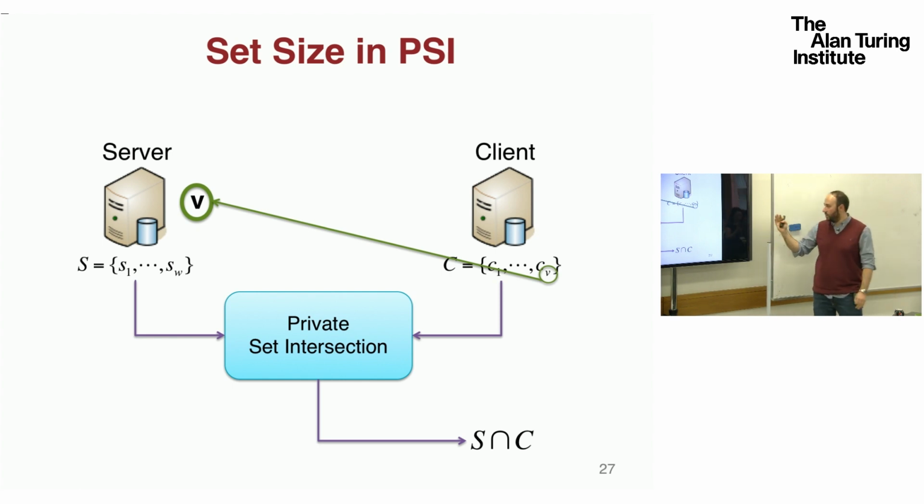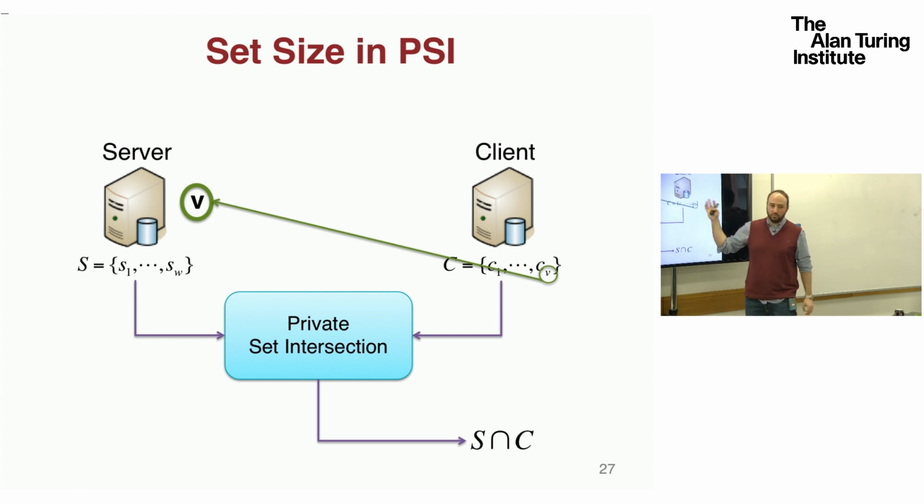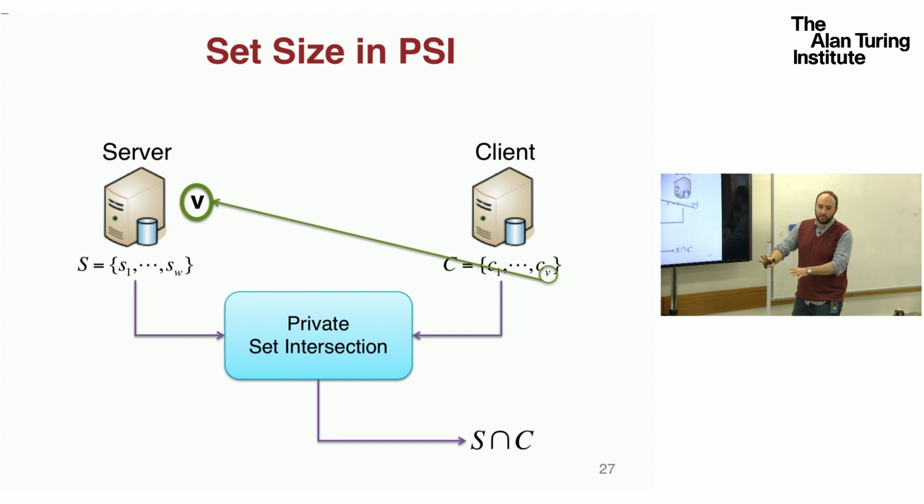So I remember when we were talking to the intelligence people, we tried to say, oh, maybe you can use this to check airlines for suspected terrorists, right? The airlines don't have to give you all information about passengers. You can do it in a privacy-preserving way. You just do an intersection between a list of suspected terrorists and the passenger manifest.